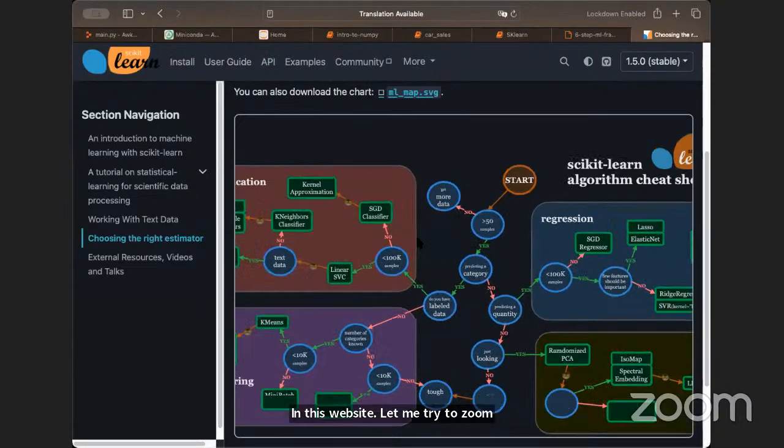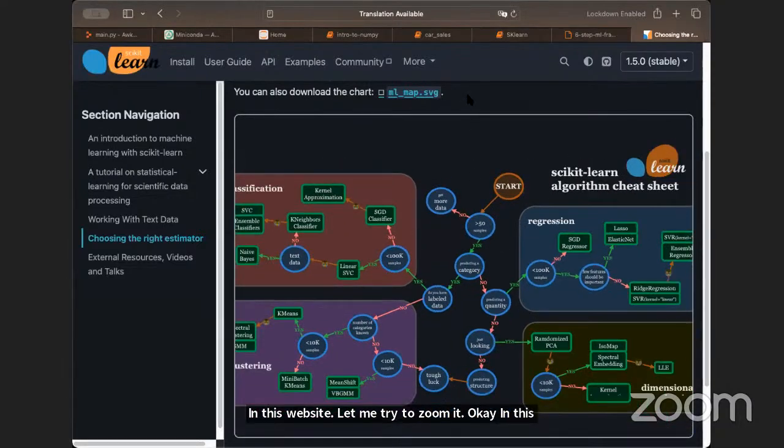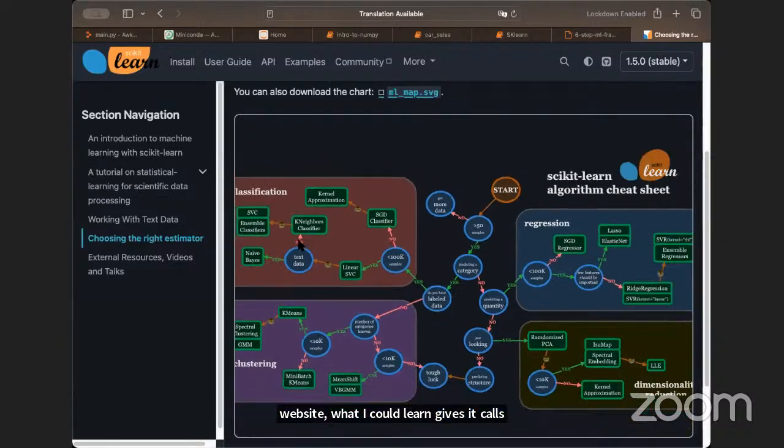What Scikit-learn gives, it calls an estimator, but we refer to it as a model. It is the same thing as calling it a model.